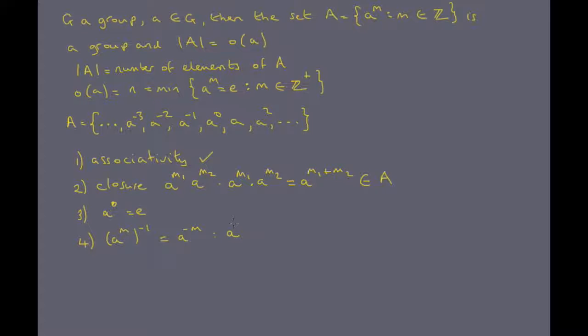So a to the power of m multiplied by a to the power of negative m equals a to the power of m minus m equals a to the power 0 equals e. So we can see the four group axioms are all obeyed, which means that our set A is a group.